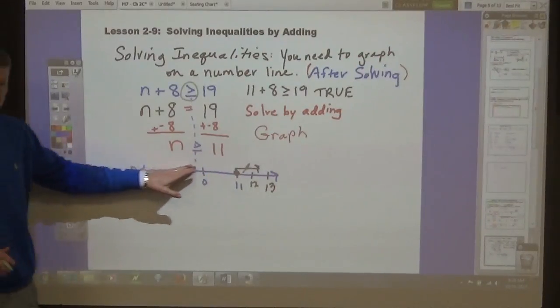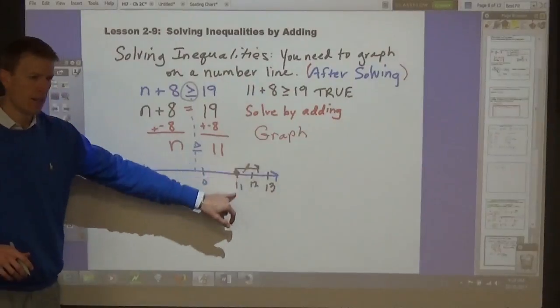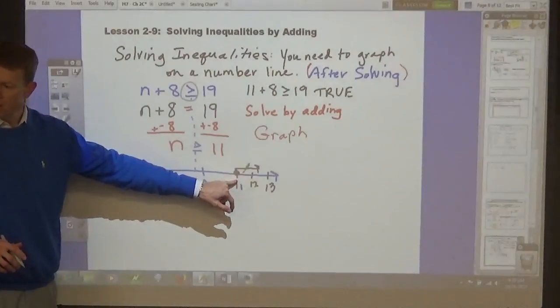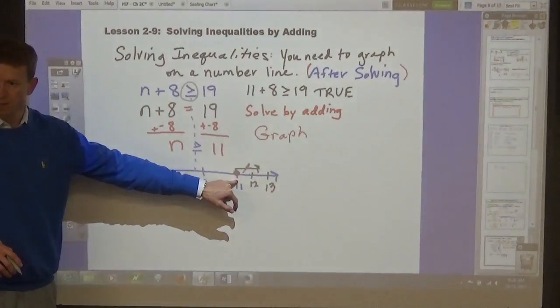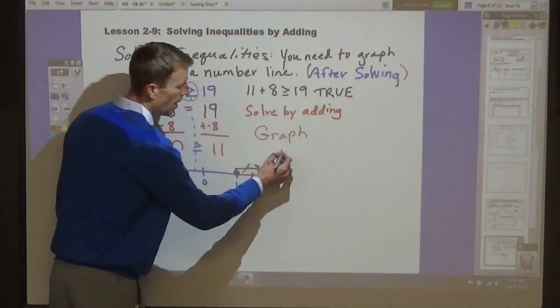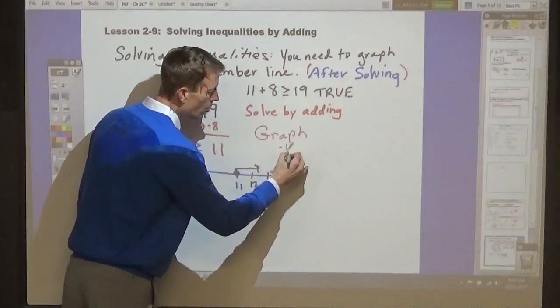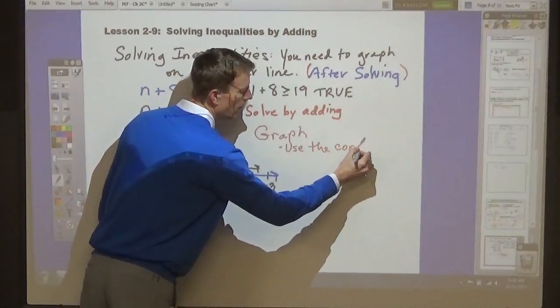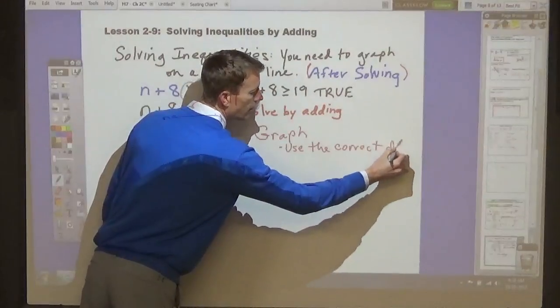So just draw a number line, mark where 0 is, mark where the number is, and then make sure you mark the number with the correct type of dot. Okay? Graph it. Use the correct dot.